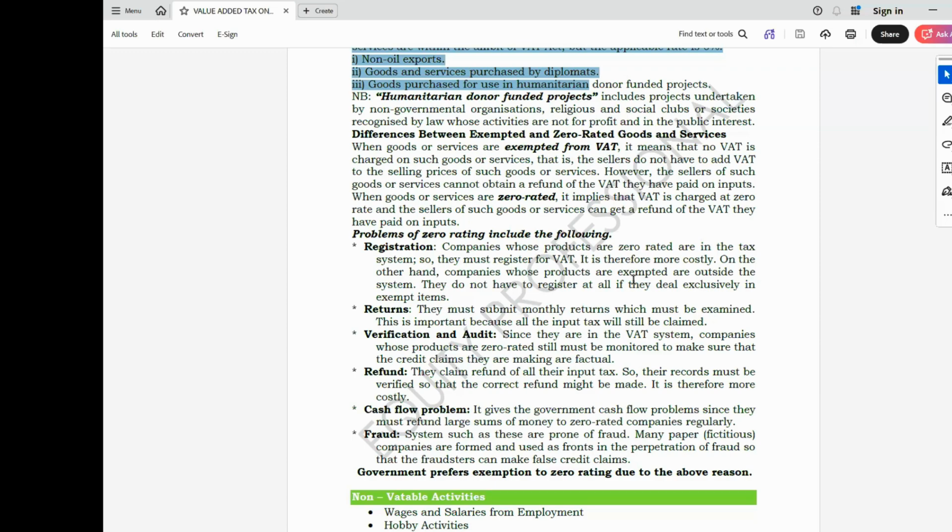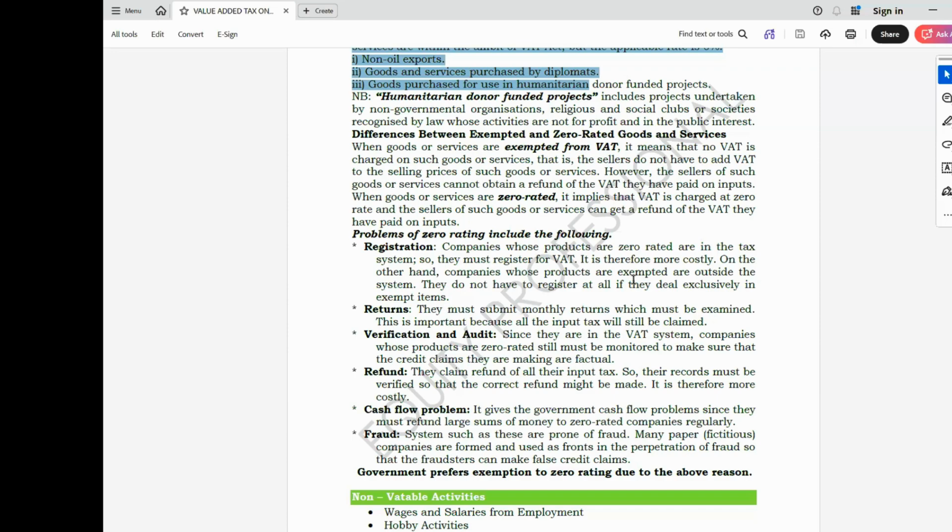So when an item is exempted, any input VAT you suffered on it cannot be claimed back, because those items are exempted. But if an item is zero rated, any input VAT suffered on it can be claimed back from your output VAT.